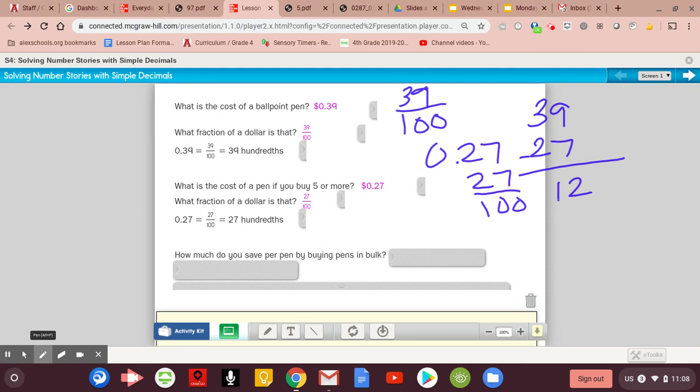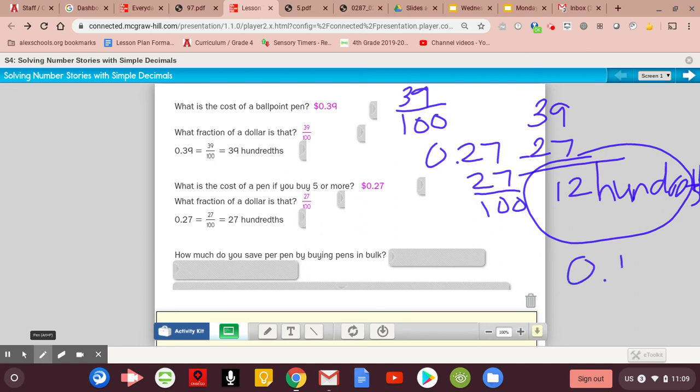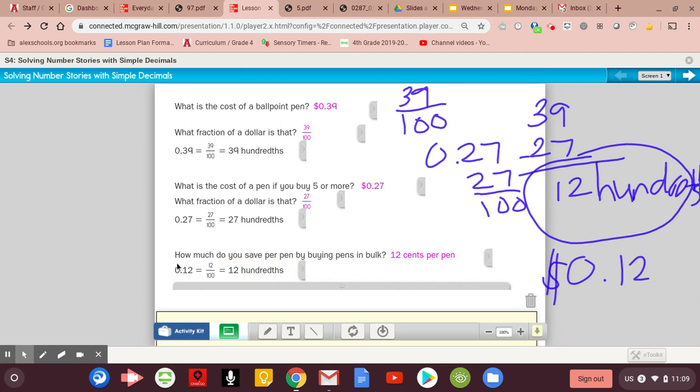So there is 12 hundredths, or 12 cents, difference when buying pens in bulk. That's how much you save. Yep, 12 cents per pen. Here's how they wrote it in decimal form, in fraction form, and how you would say it out loud.